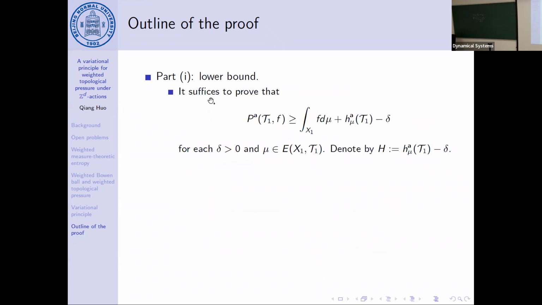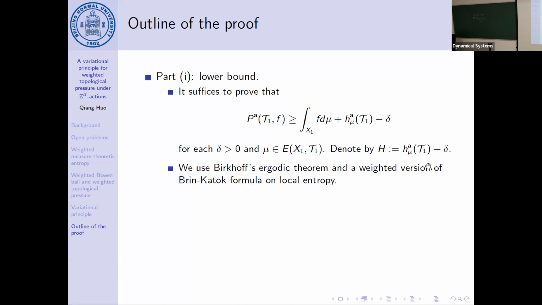So we only need to prove that this inequality is valid for any mu belonging to the ergodic measure space.